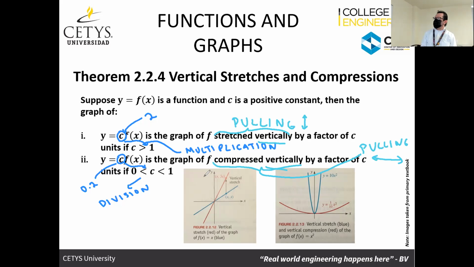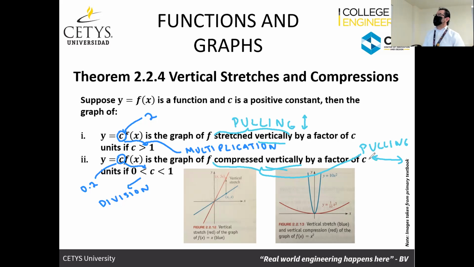So pulling horizontally means I'm compressing it vertically. You get it? That makes sense. So if I'm pulling something horizontally, it means I'm squashing it, really. So stretched vertically is another way of saying it's compressed horizontally. So compression and stretch are opposing terms.